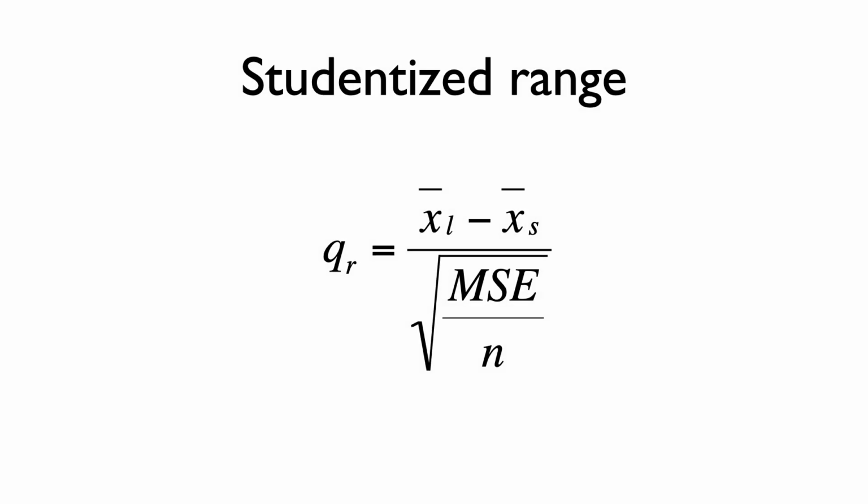It looks almost exactly the same. This is called the studentized range: X bar sub L minus X bar sub S, the largest minus the smallest. That's all it is. That gives you a range, which is why you get this thing called Q sub R. Then you look up how big a range is significant.